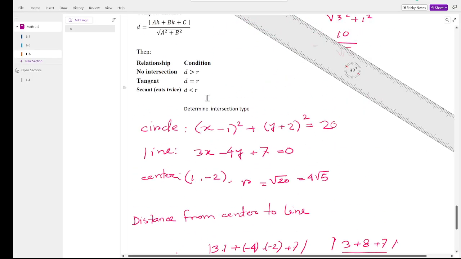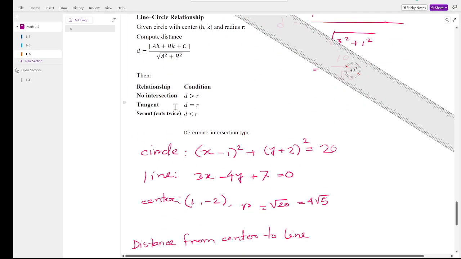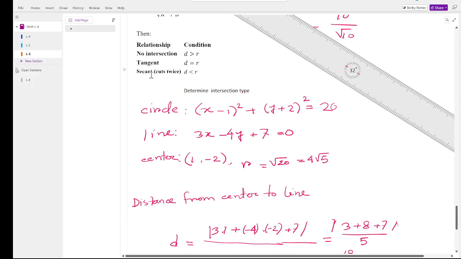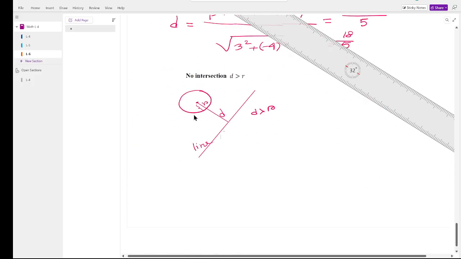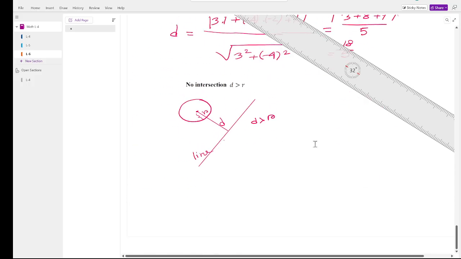Now, second, if d is smaller than r, then the line cuts twice. Now look at this one, d equal r.